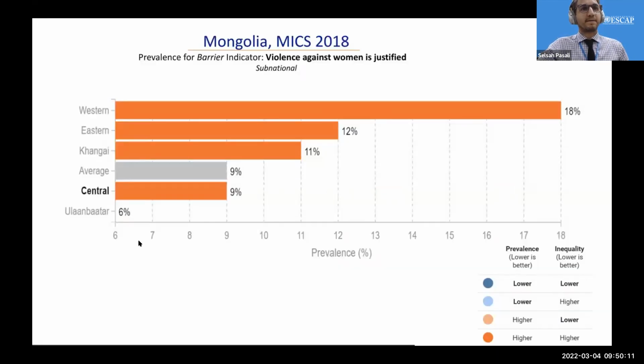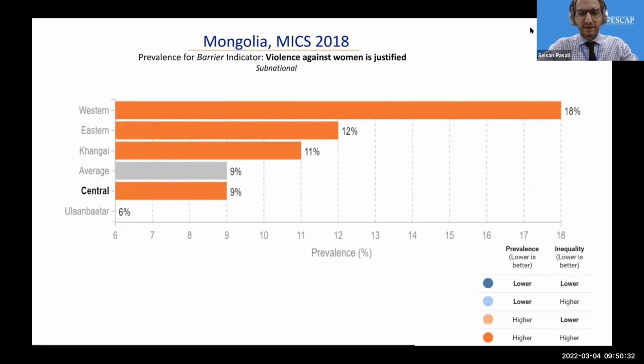So let's start with the prevalence first to set the context a little bit. On this third panel, you'll first see a bar chart for prevalence rate of the barrier by regions in Mongolia.